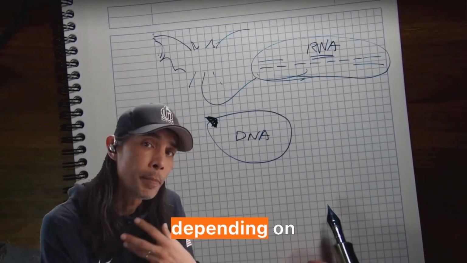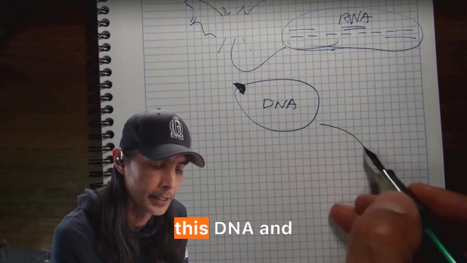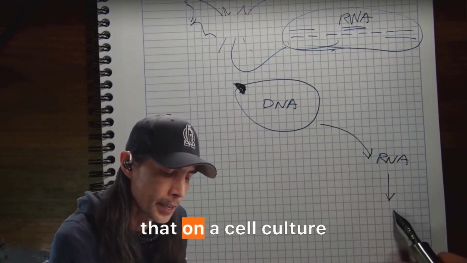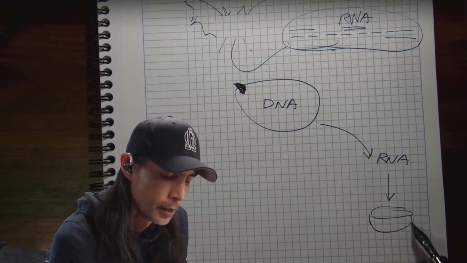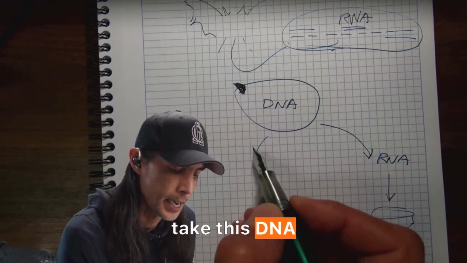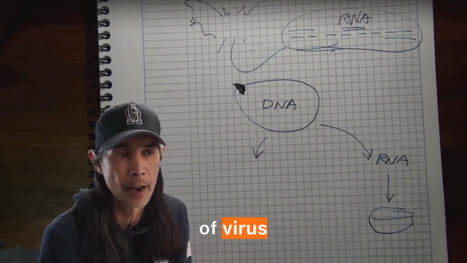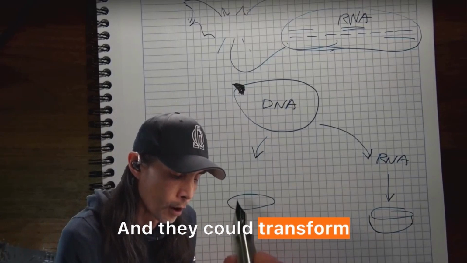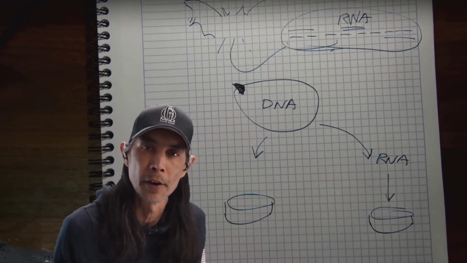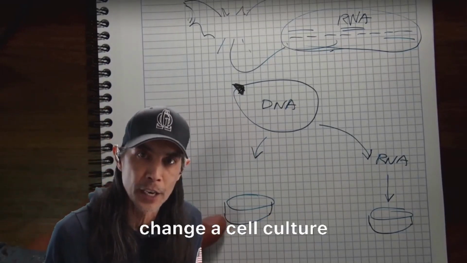And now, depending on how they want to do the actual virology experiment, they could take this DNA and make it RNA first, and then put that on a cell culture, and that would be transfecting a cell culture. Or they could take this DNA and package it in an adenovirus or another kind of virus, and transform, because there is slightly different language for using a viral vector and DNA to change a cell culture.